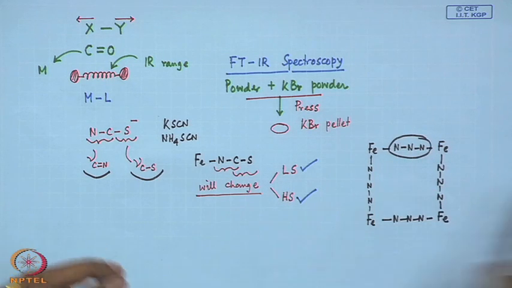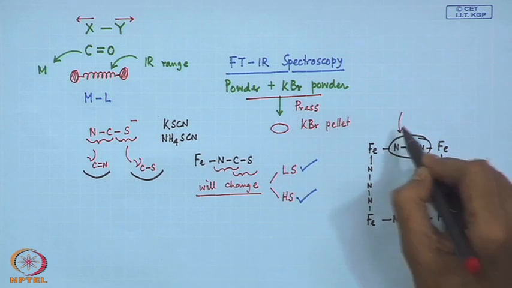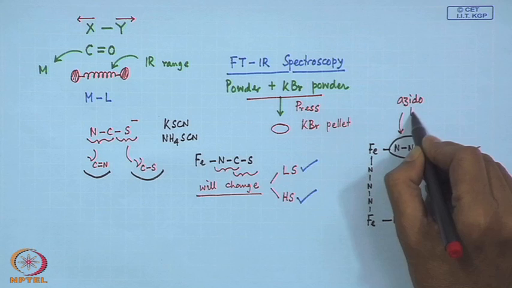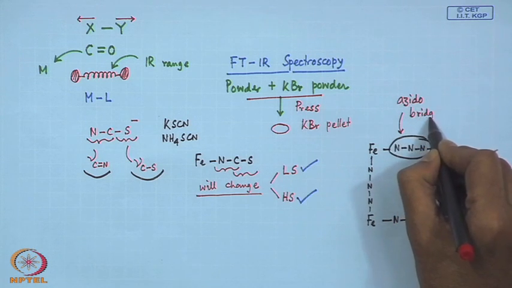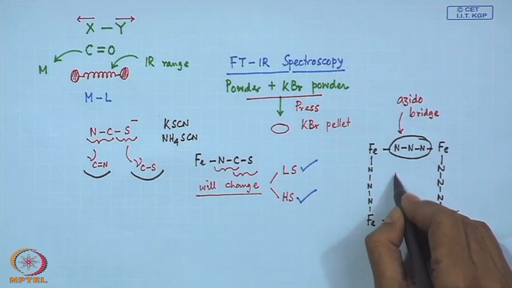So, this N3 unit is known as the corresponding azido bridge.